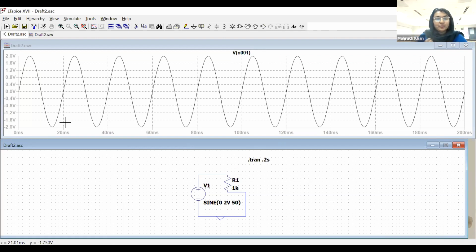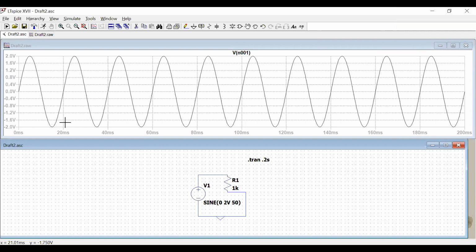Now, what is peak to peak? Peak to peak is that you are covering all the peaks in one cycle. So you are seeing 2, minus 2, which makes it 4 volts. So overall, its peak to peak voltage is 4 volts.